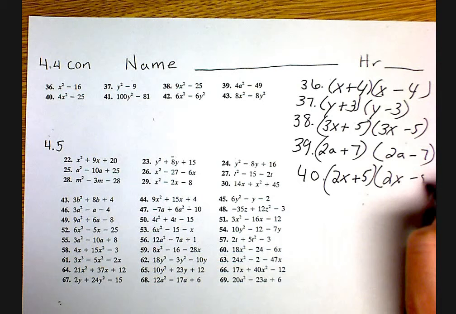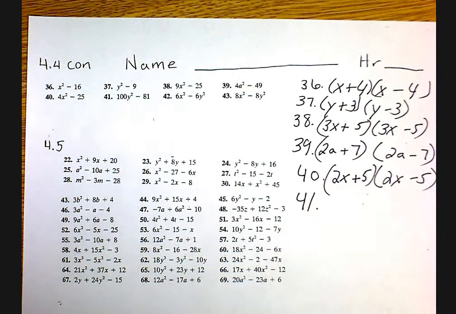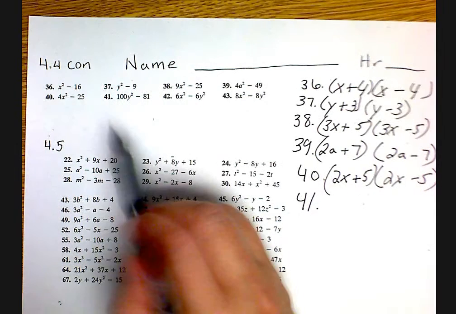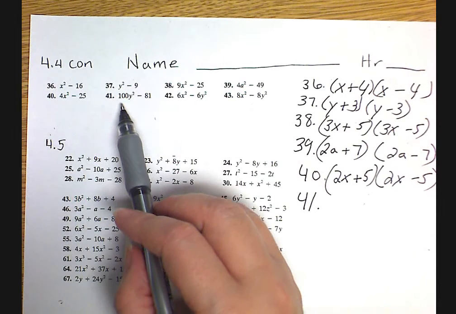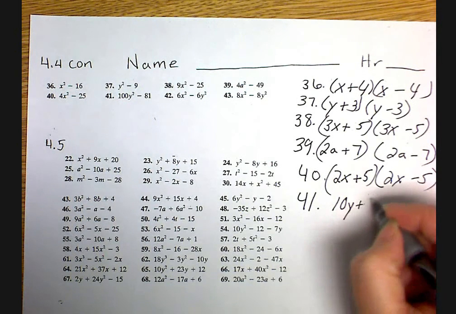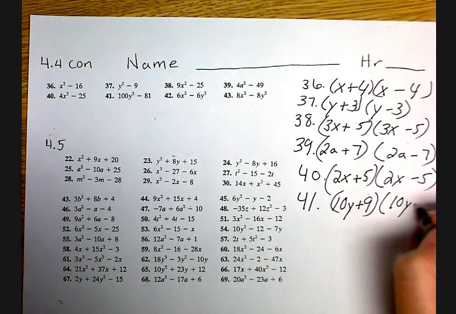Very good. So now we have 41. 41, Jake. Say it one more time. So you have 10y plus 9. Very good.